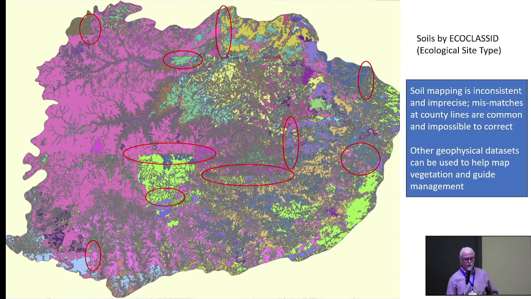I'll make it match. You can't do it. We've done statewide mapping in Texas, Oklahoma, Nebraska, Kansas, Arkansas, and Missouri, and you can't do it. So you can't fix this. Nonetheless, the soil polygons are very good at circumscribing at fine resolution things like deep sands, saline soils, and perched water tables that are not available in any other data sets.